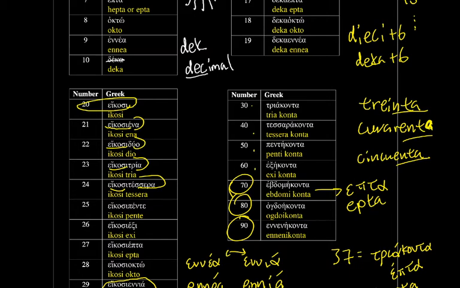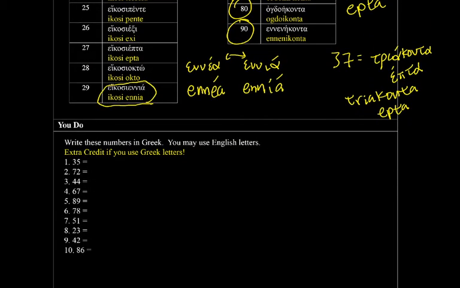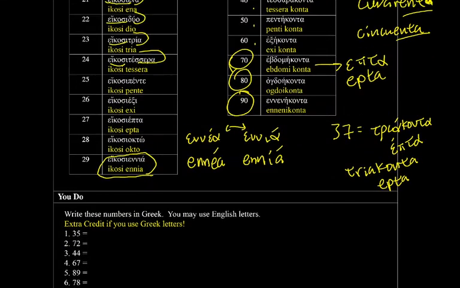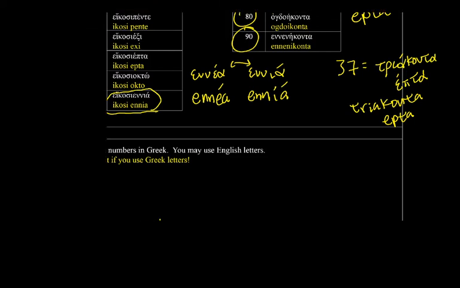So let's look at some of these over here. Let's look at one of these, maybe 51. If you look at 50, it says penticonta. So let's just start with that. Penticonta. And then what's 1?